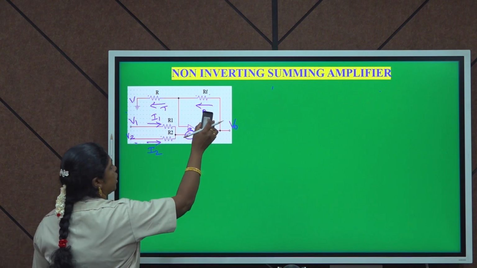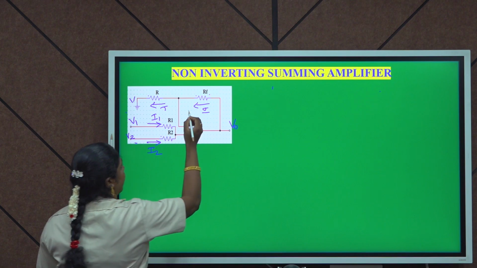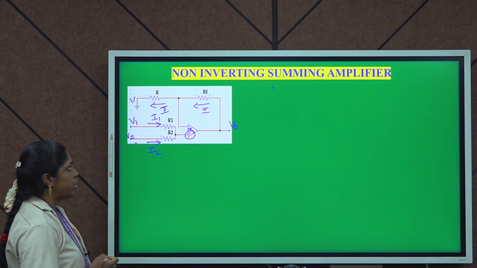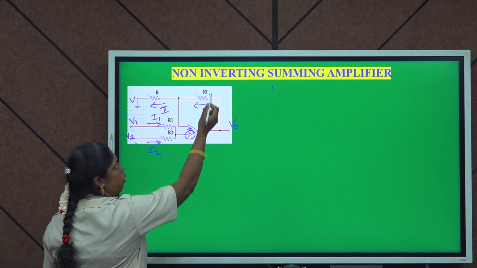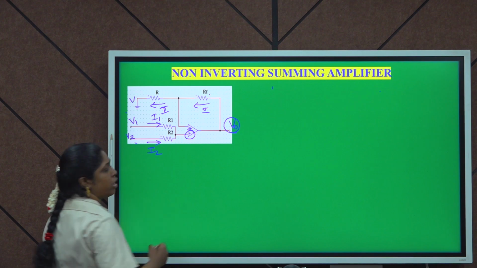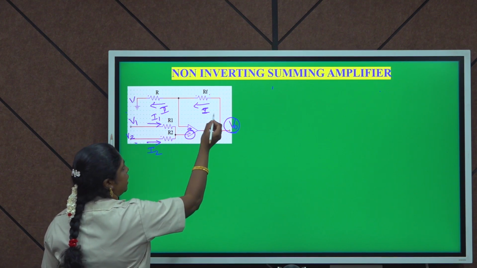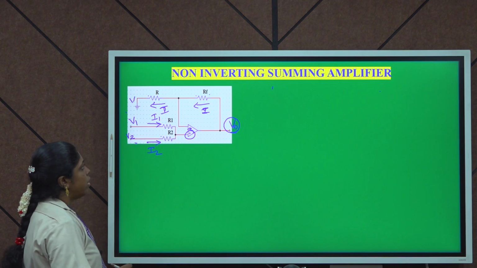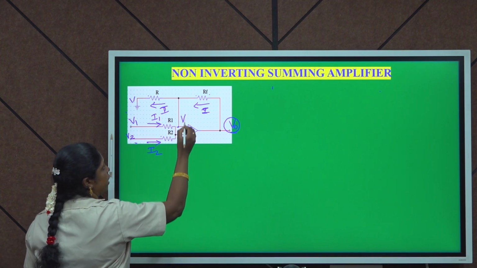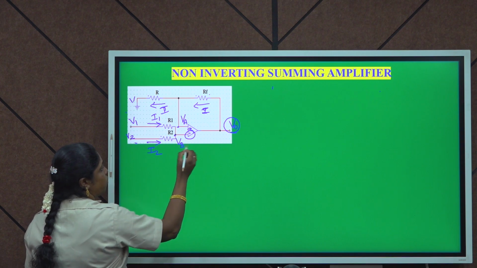The current flowing through the resistor RF is I and the current flowing through the resistor R is also I, because the current flowing through the resistor RF is due to the output voltage V0. So we have considered the current in this direction. The potential at this point we will consider as VA and the potential at this point is VB.